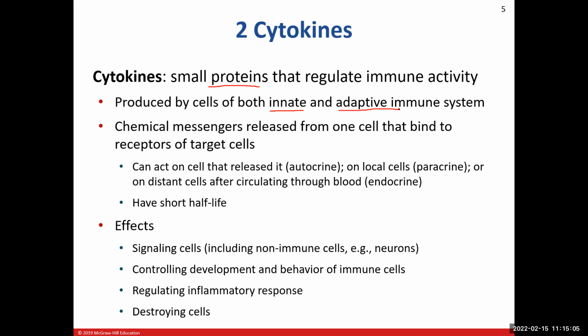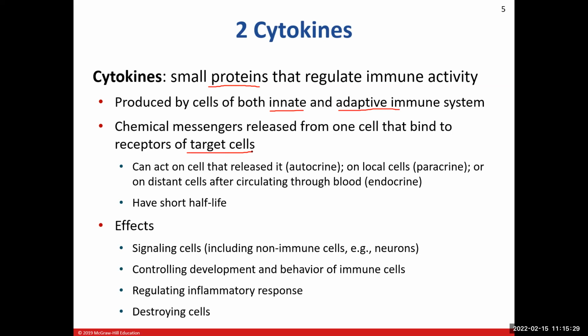So whatever that cell is, it's going to release its cytokine. And then it will flow around throughout either the lymphatic system, the tissue itself, or the bloodstream, and it's going to look for the target cells. Basically saying, hey, come here, I need some help. Let's work on this.